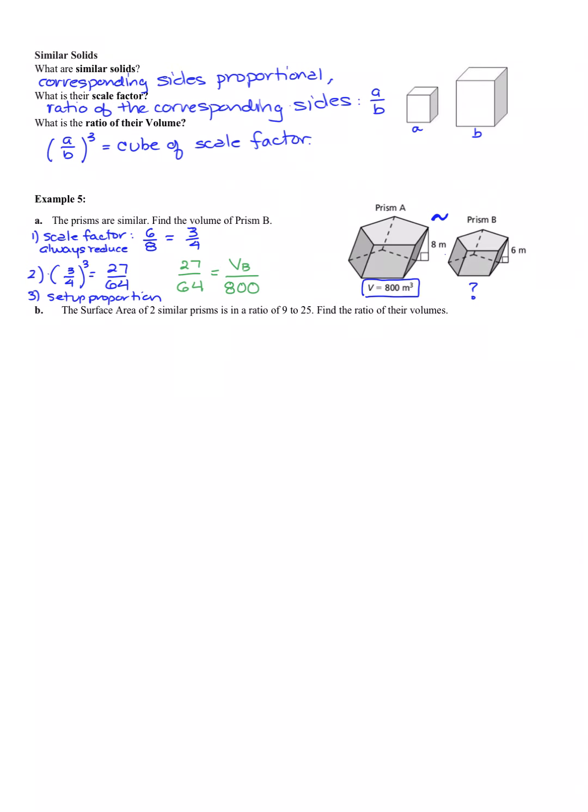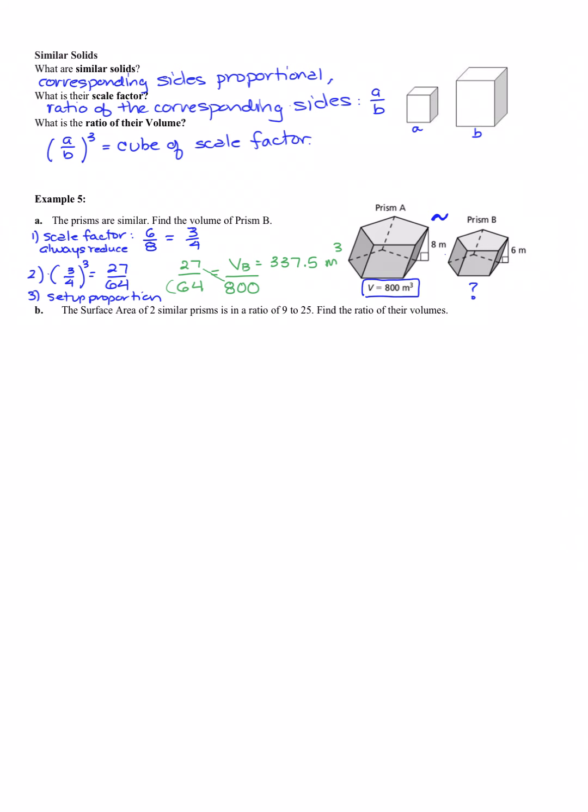And at this point, now you're just going to cross multiply and solve. So I multiply 800 times 27, and then you divide by the 64, so that this volume is going to be 337.5 meters cubed, because we're dealing only now with cubes.